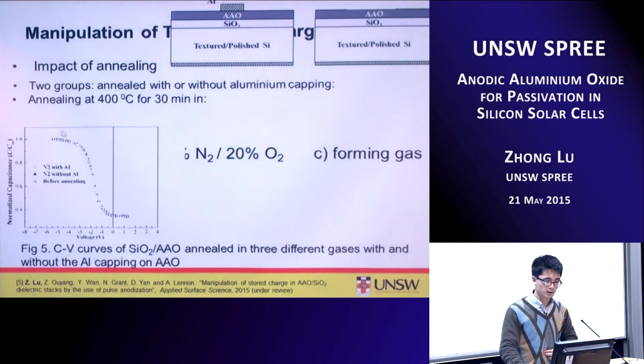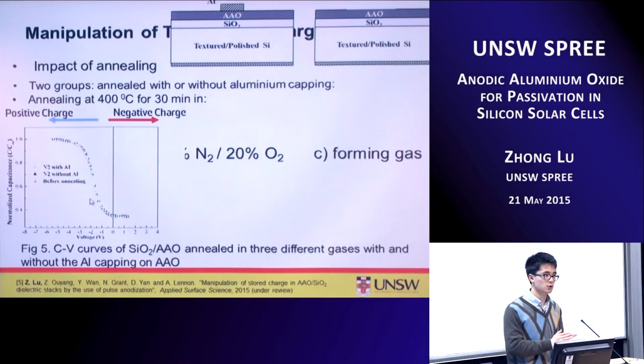So here's the CV curve before the nitrogen annealing. To give you a better idea, if the curve shifts towards the right, it means that you are reducing your positive charge, and if it shifts towards the left, you are increasing your positive stored charge.